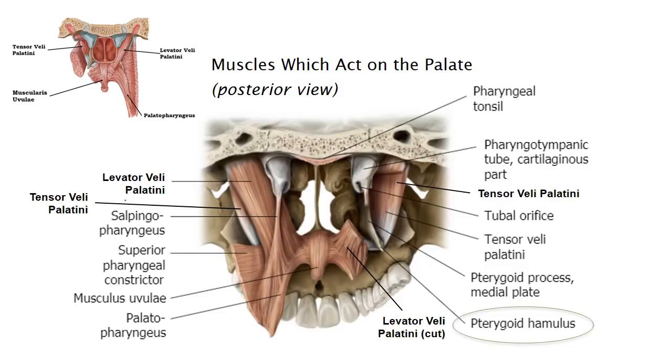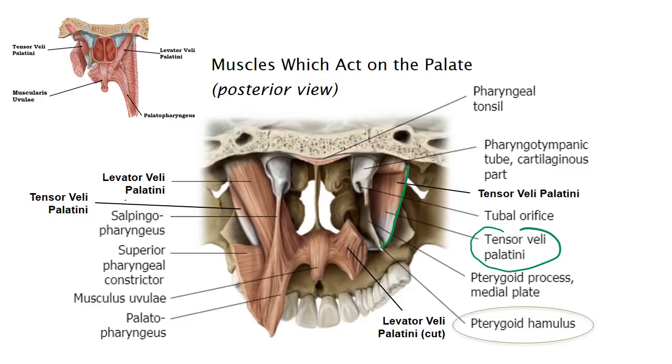So here we see those two muscles in a different view. This is looking from the posterior side. We can see the tensor veli palatini. It's situated very vertical. Now this doesn't make much sense. You would think the levator is situated more vertical than the tensor.